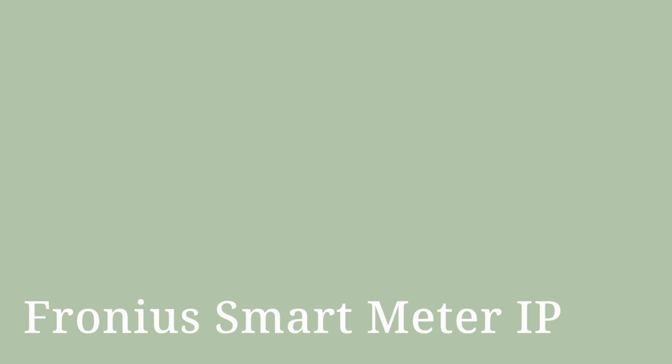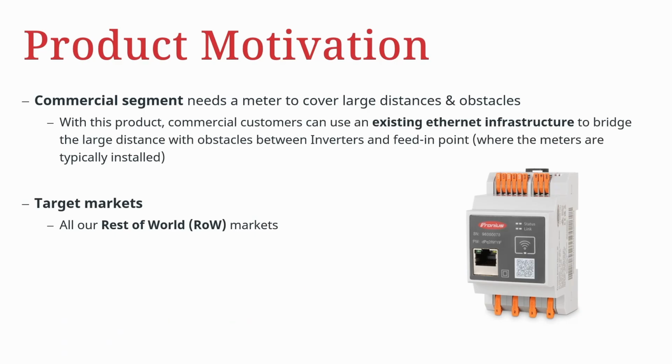The Fronius Smart Meter IP. What was the product motivation for us to come up with the Smart Meter IP? First of all, this should be placed in the commercial segment. So if you need a meter to cover large distances or obstacles, the Smart Meter IP is the perfect use case.